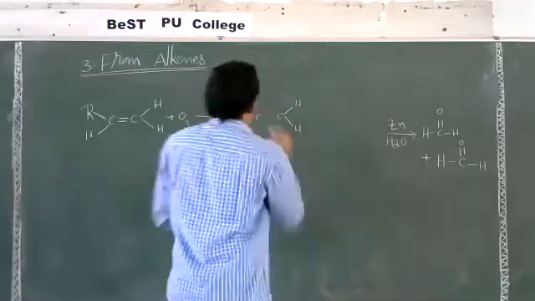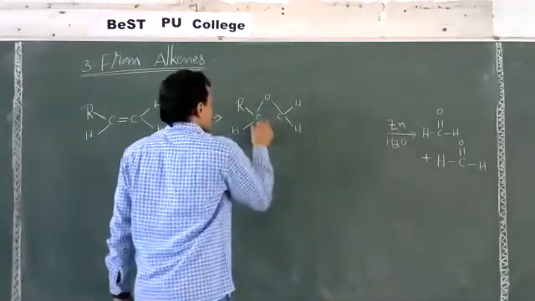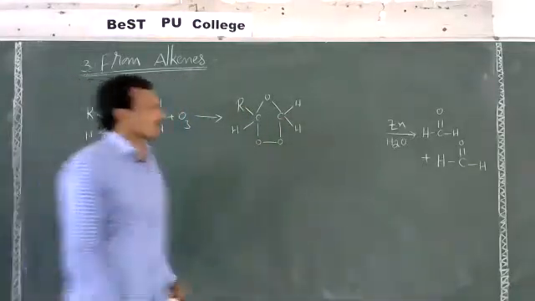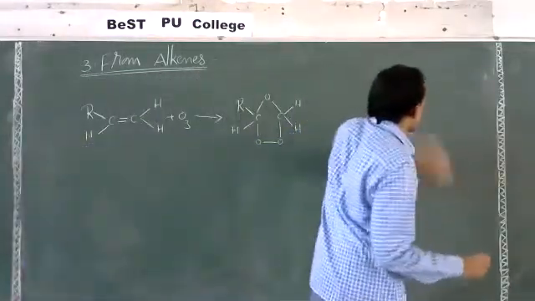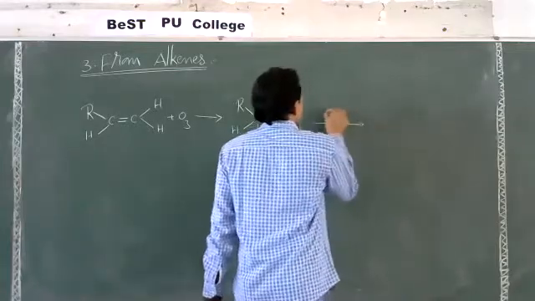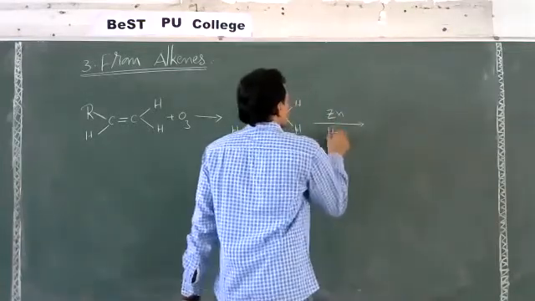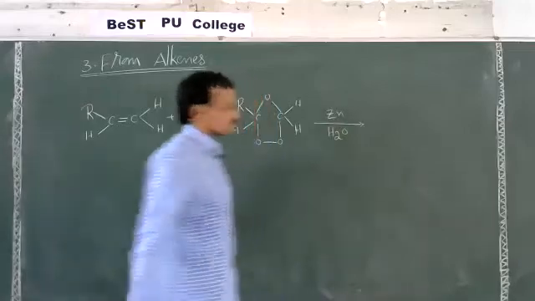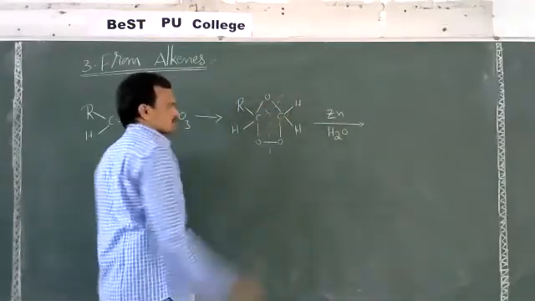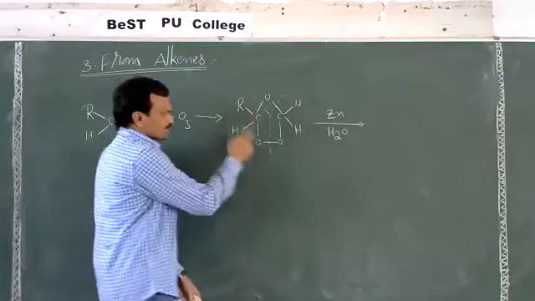Just remove the double bond and add the ozone molecule here. This is the ozonide, and this ozonide on hydrolysis in the presence of zinc, the cleavage of these three bonds takes place, and we get RCHO.